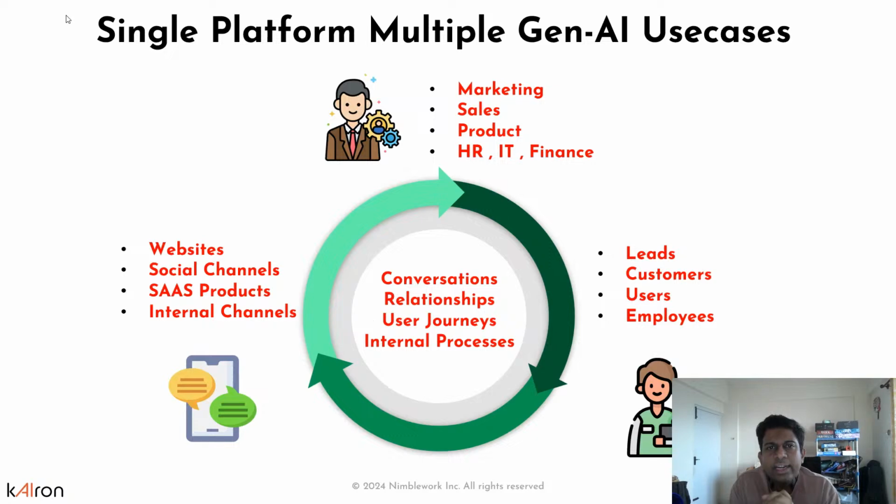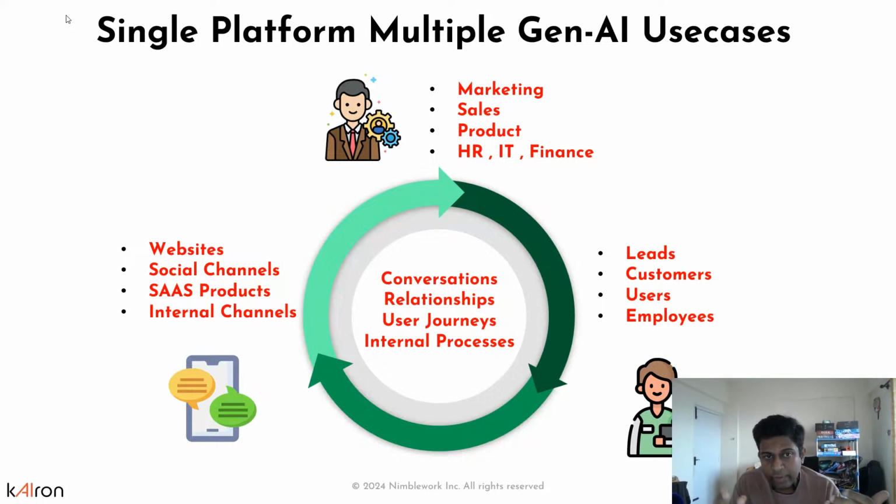So the core idea is that Chiron is a single platform in which you can deliver multiple Gen AI use cases. So we have created these use cases for marketing teams, sales teams, product teams, all the internal departments of an organization. And the cool thing about this is that every single team that exists within an organization caters to different personas. So you have leads, customers, users, and internal employees. And each of these personas engages with the company through different channels.